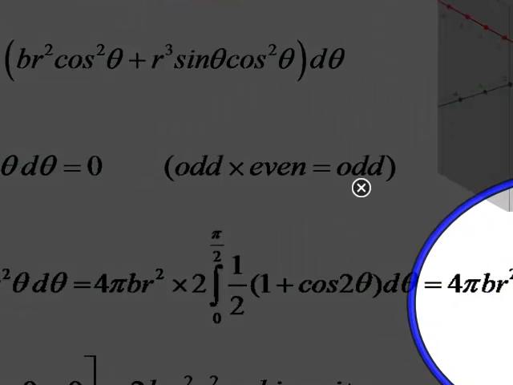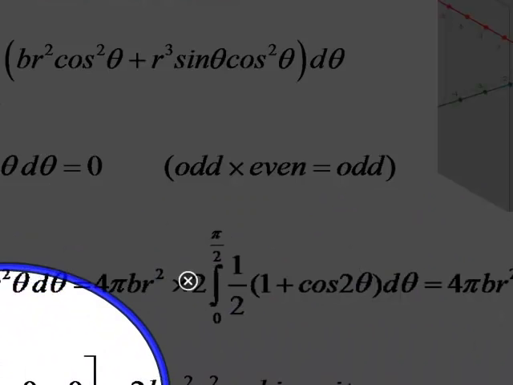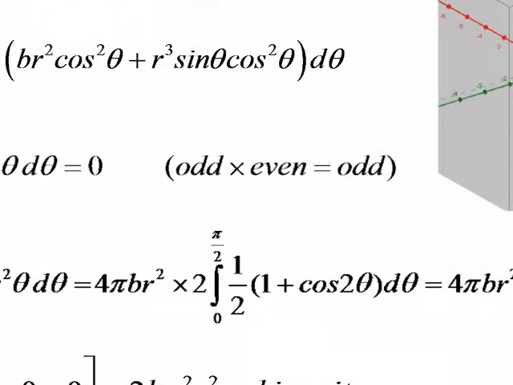You can see we've got the 4 pi b r squared, and we've got to integrate the 1 up to theta, and the cos 2 theta is obviously sine 2 theta on 2, and we need to evaluate this, which you can see here. It's not too bad, and basically it gives us this 2b pi squared r squared cubic units, as we would have got for slicing around the x-axis. We've got to go back and have a look at that. Okay, so let's actually have a quick look at this.